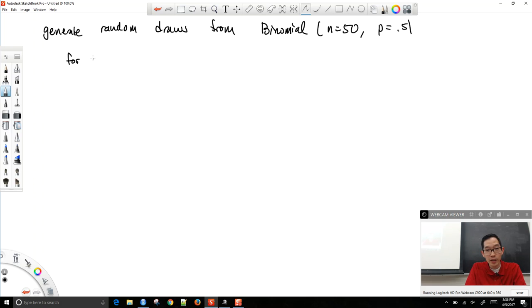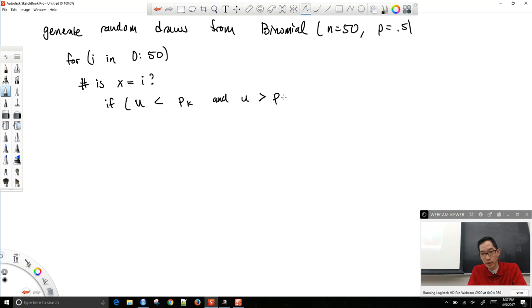So you're going to just start off with for I in 0 through 50, okay? And then the question is, is x equal to I, right? This is our question, is x equal to I. And then we just say, if u is less than p sub I and u is greater than p sub I minus 1, then you can assign.